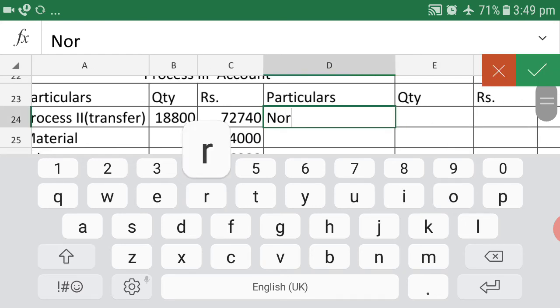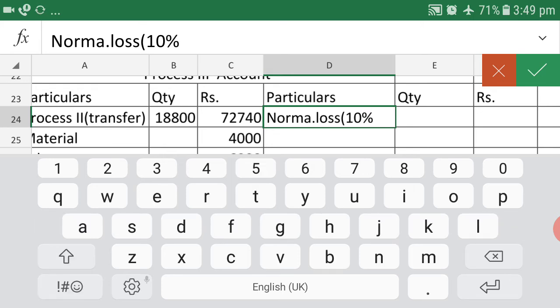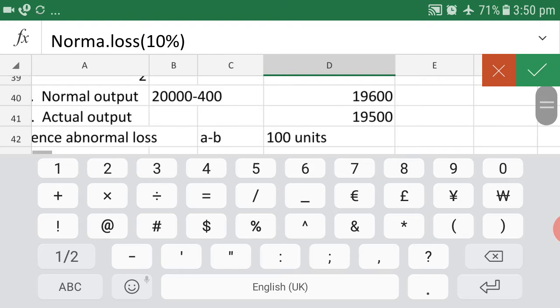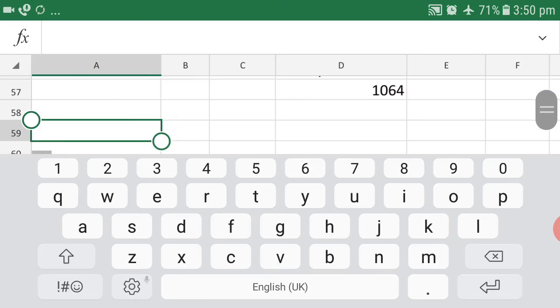Normal loss. That normal loss is given in our question as 10%. And we need to do one working note also here, like in process 1 and process 2 account. Yes, let's calculate normal loss. Working note number 5.